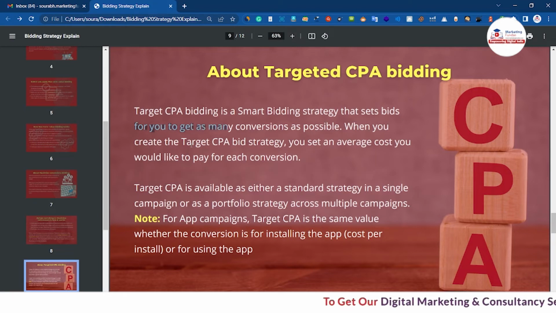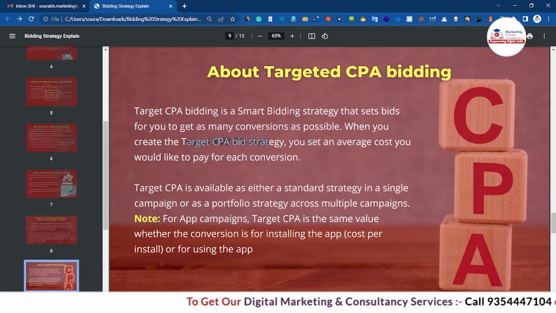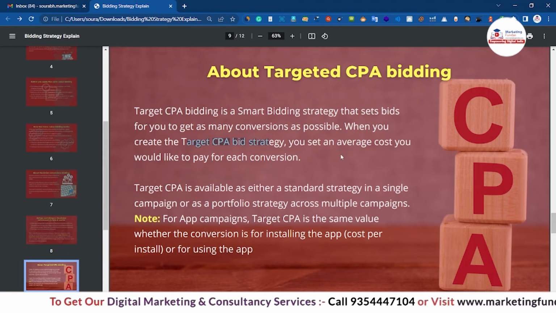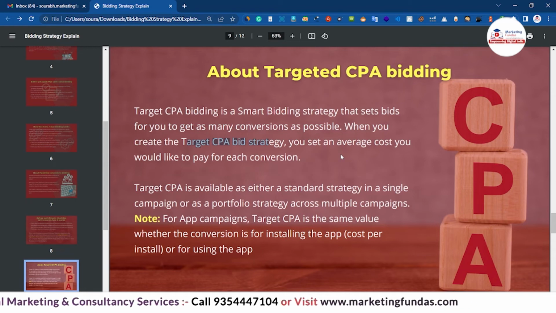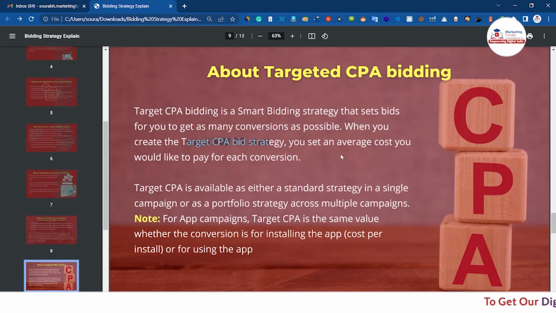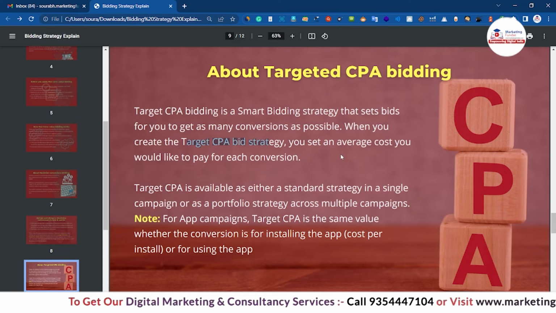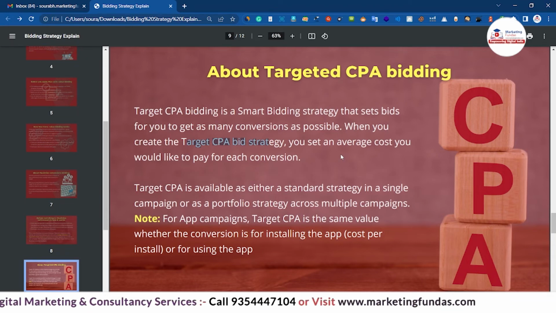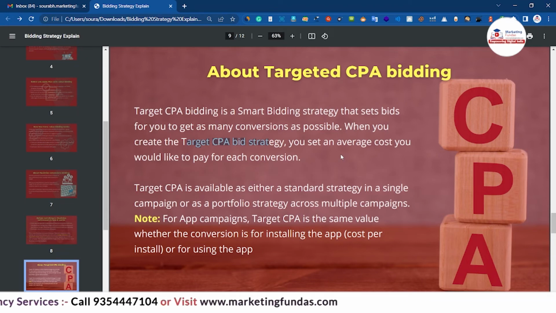When you create the target CPA bid strategy, you set an average cost you would like to pay for each conversion, which means you need to set a particular amount to get the conversion. For example, if you have set a $10 CPA and you want to sell a product that is worth $100, Google will try to bring conversions under $10 to sell that product worth $100.